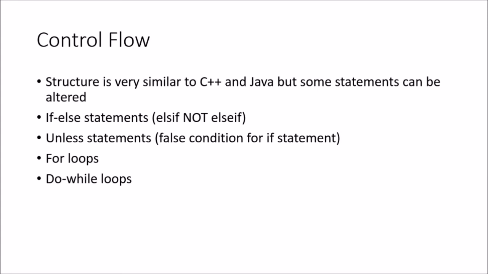The last E in else is dropped. I don't know why they did that. Unless statements are for false conditions of an if statement. You do have your for loops and your do while loops, which stay the same.